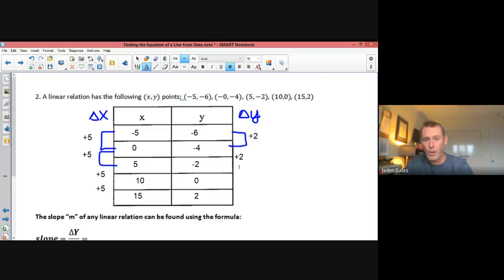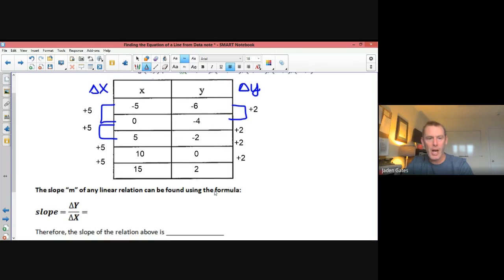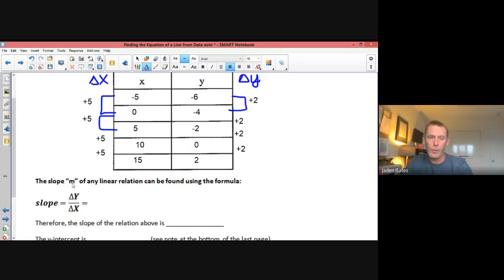From -2 to 0, again, I'm going up 2. And finally, from 0 to 2, I am again going up 2. All right, well, how does that help us? Because the slope, which is called our m value that we plug into our linear equation, can be found using the following formula: delta y divided by delta x.